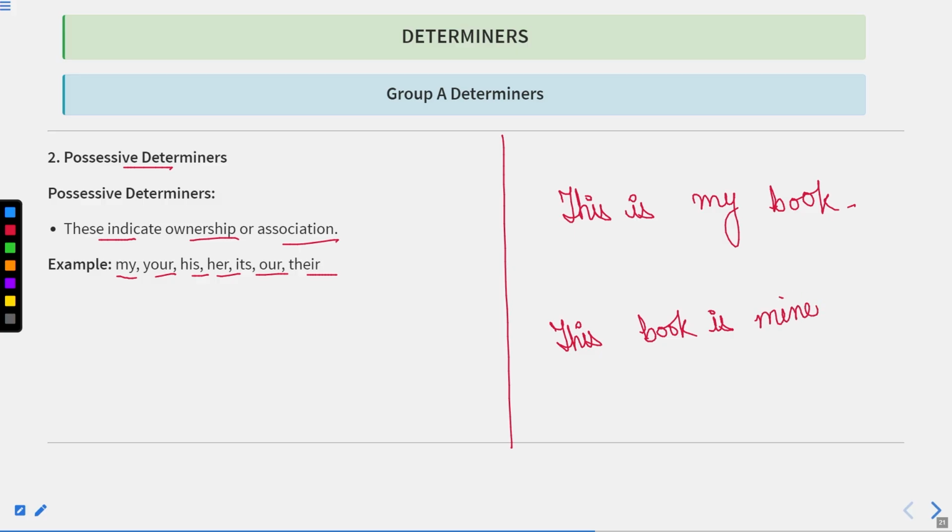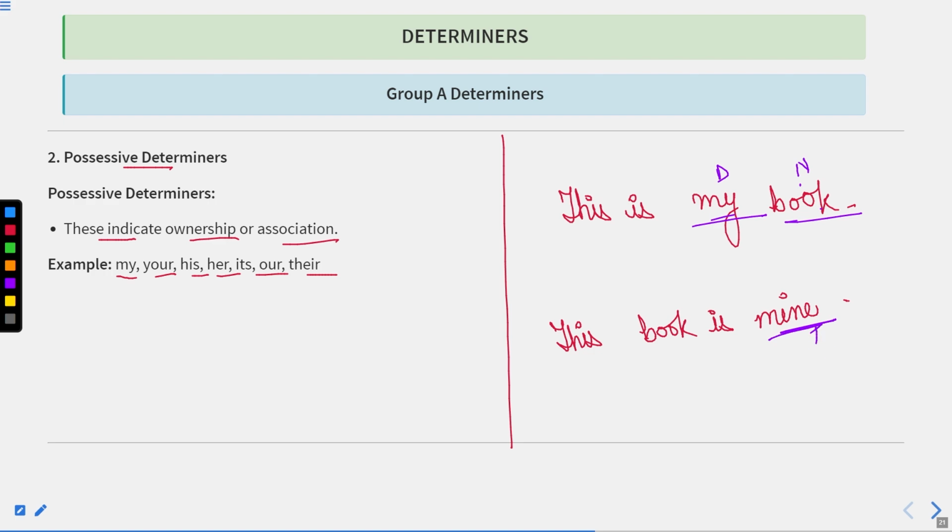Now, if you compare these two sentences, before book we have a word my, which shows the possession of this book. So book is a noun and my is a determiner. But in the second one, this book is mine, here mine is replacing my book.